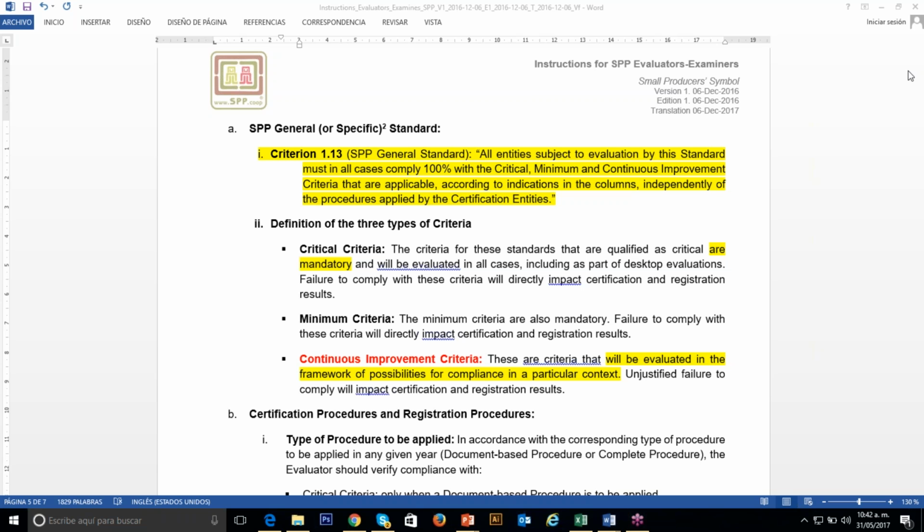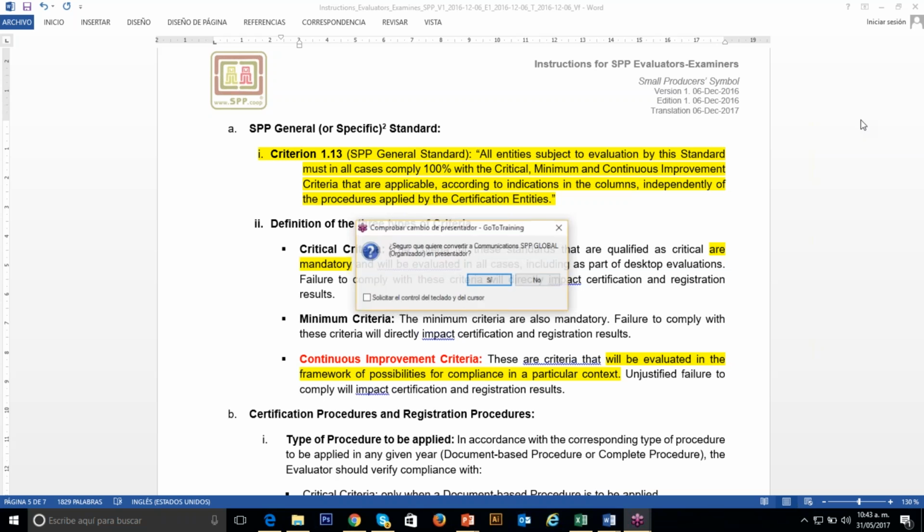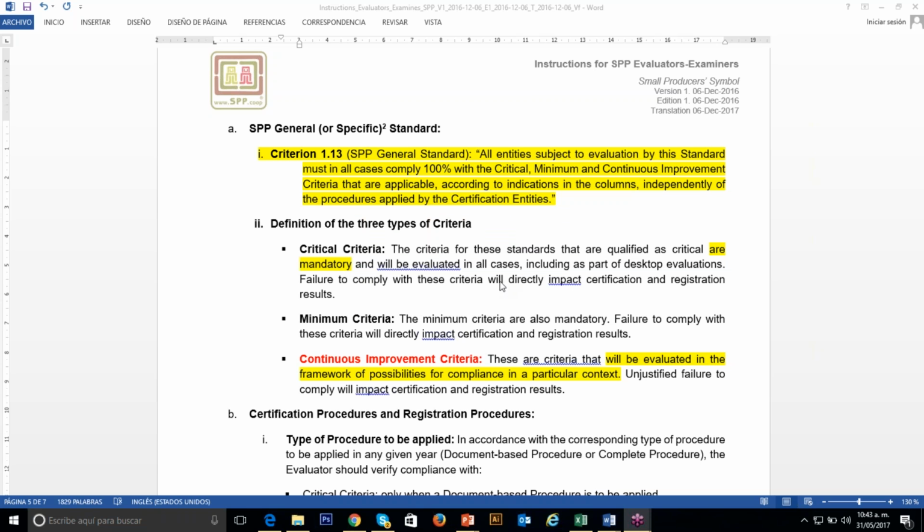Can you hear me, everybody? Yes. Angel, can you change the presenter? Organizer? Or do I have to change you? You have to change. Okay. Now I have changed to you in order for you to show your screen.